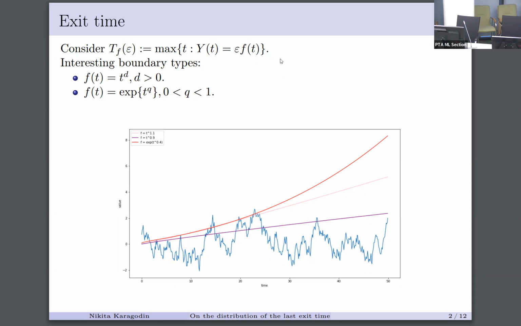But also, if you take a particular omega, right? So if you fix omega from our space and you take y t of omega, it's a trajectory. It's a function.